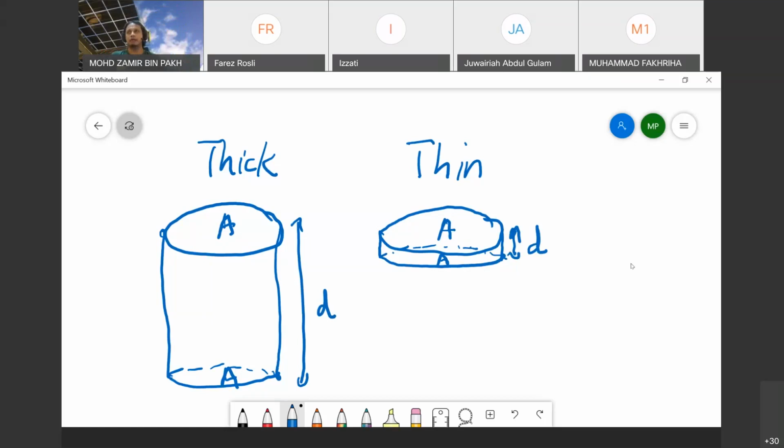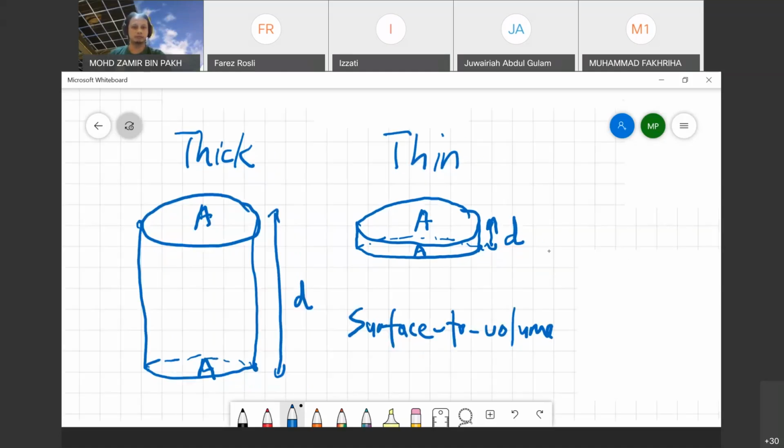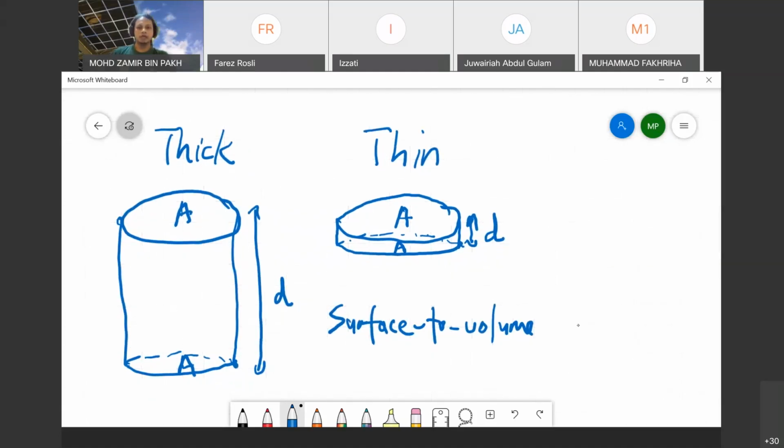When you talk about thick versus thin diode, one important parameter is called the surface to volume ratio.